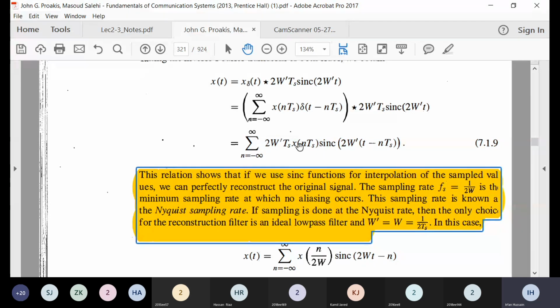In that case, when 2W dash is equal to W and 2W is equal to 1 over Ts, all of this simplifies to this thing, as we have also seen earlier.